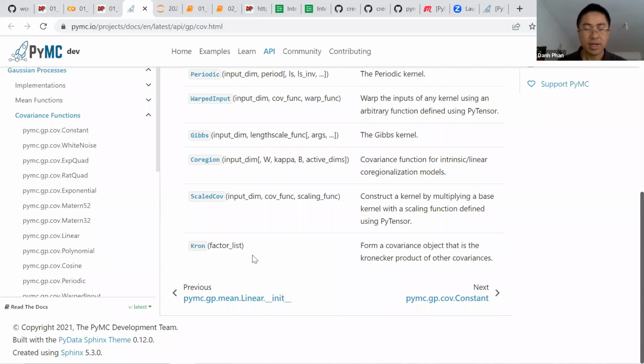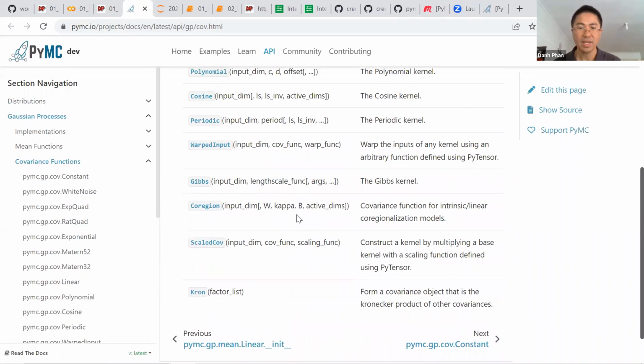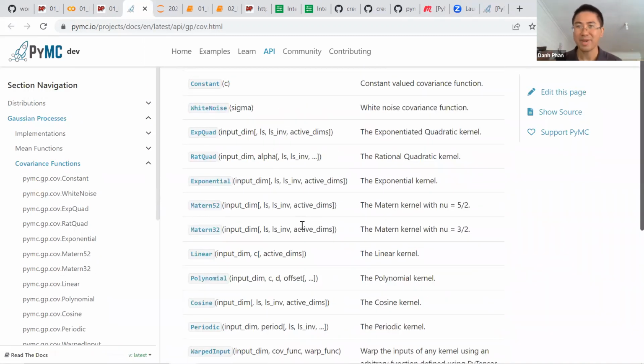And I think there is a paper with detail about which kernel to use for which feature, so this needs some kind of expert domain knowledge to incorporate in the model, to select the suitable kernel to get better prediction or better inference.